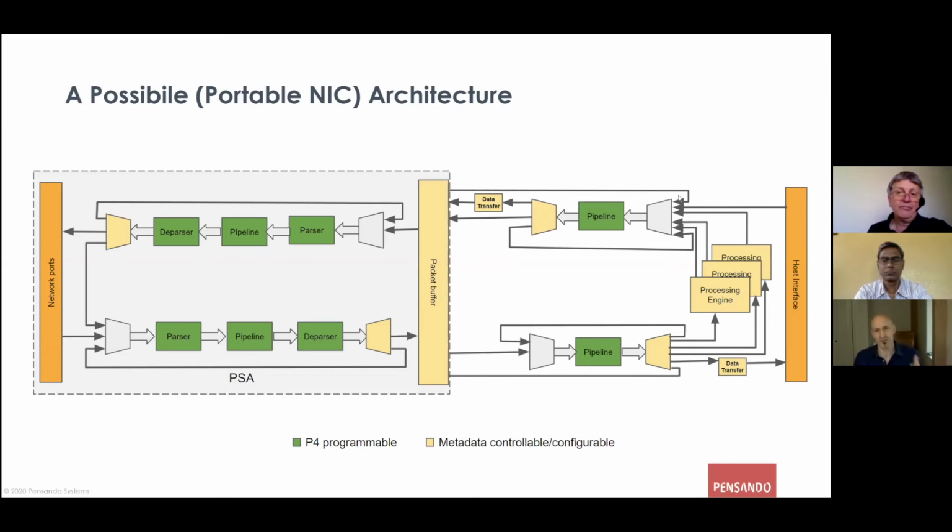These fulfill the purpose that John was describing, being able to start a P4 processing without a packet arrival. And we use those in the interface towards the host. And then in addition, we envision we might need some specialized processing modules, like Gordon was also talking about before. This is probably an important element to have. In Gordon's presentation, we saw it in the various types of NICs already.